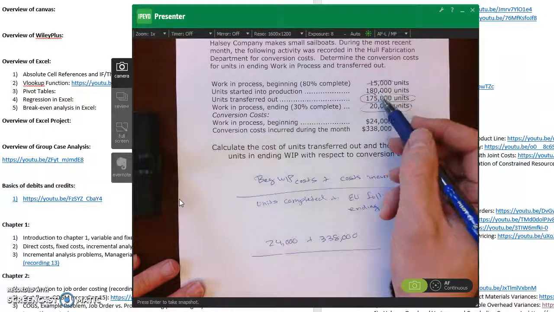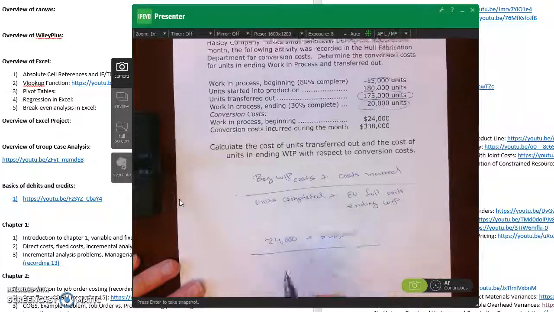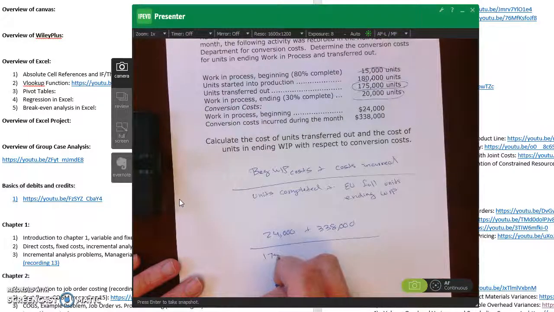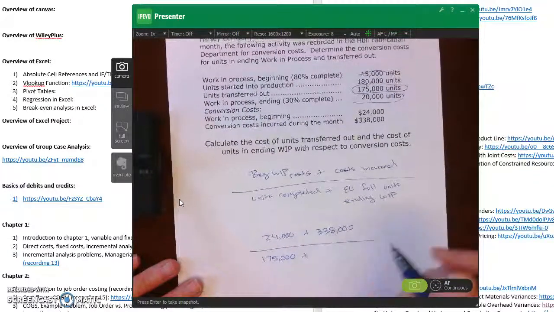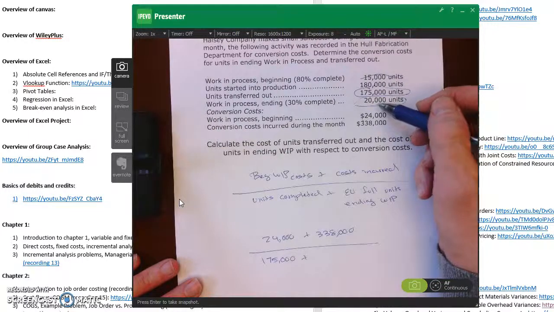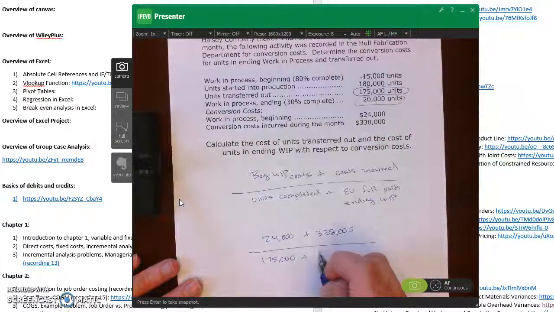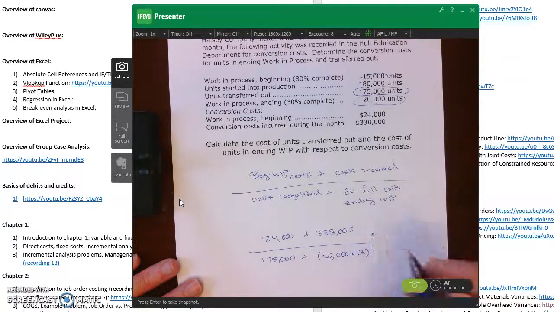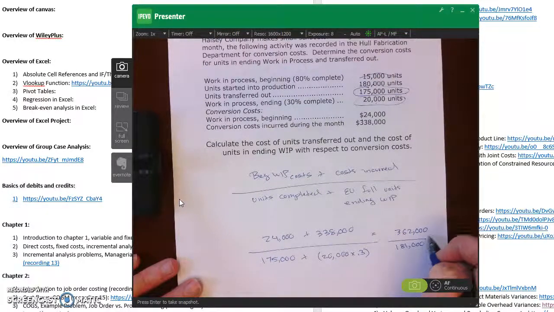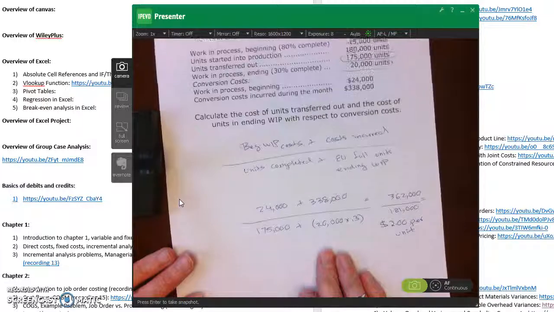Well, it says transferred out means completed. So it's 175,000. Plus how many units are in ending WIP? 20,000, but they're 30% complete. So when you do the math, this gives you 362 divided by our 181, which gives us $2 per unit. That's the average cost per unit.